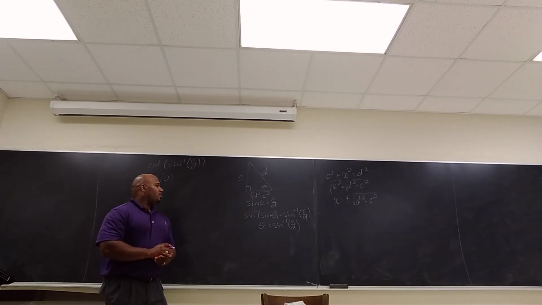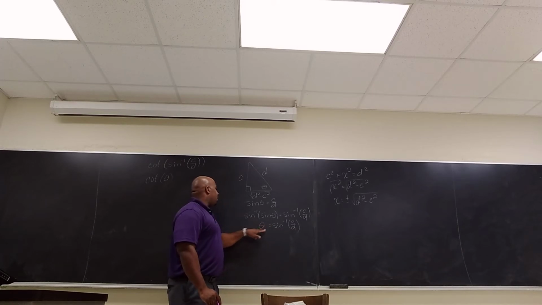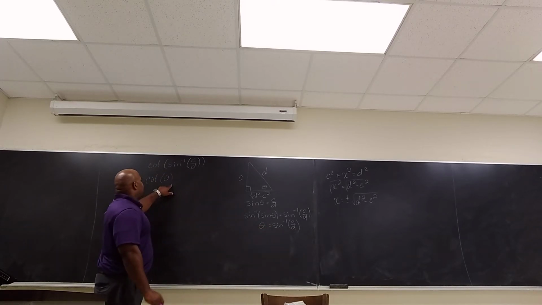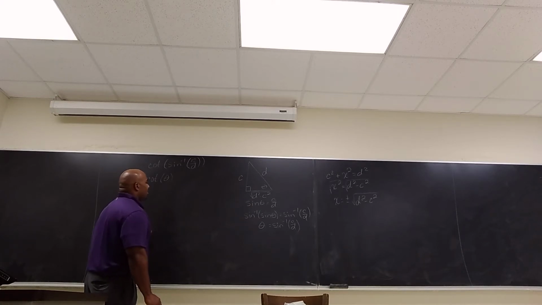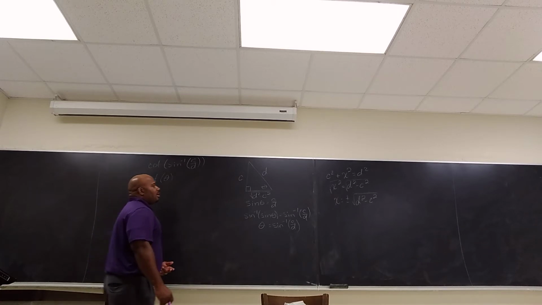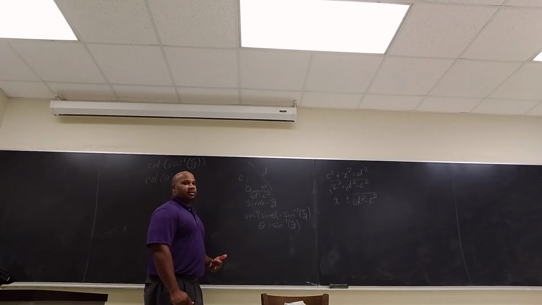Okay? Now, I know theta is sine inverse of c over d, so I said cotan of theta. And then cotan is sine over cosine or cosine over sine? Cosine over sine. So cosine over sine is going to be the same as adjacent over opposite, because it's usually opposite over adjacent for tan.